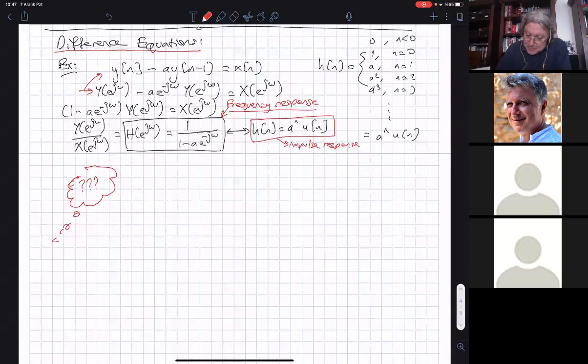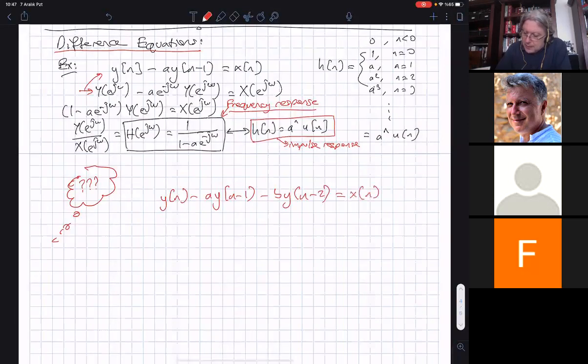I will say y of n minus a y of n minus 1 minus b y of n minus 2 is equal to x of n minus c times x of n minus 1. I will start from here, and I will find h of n for, of course, some certain values of a, b, and c.